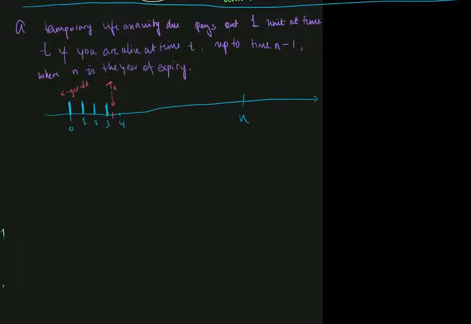Now, if the person is so lucky that he or she lives past expiry, then there will be payouts all the way up until time n minus 1, where the last payout will be. So this is the case where, for example, T_x is up here.